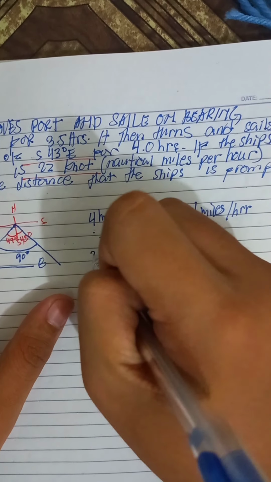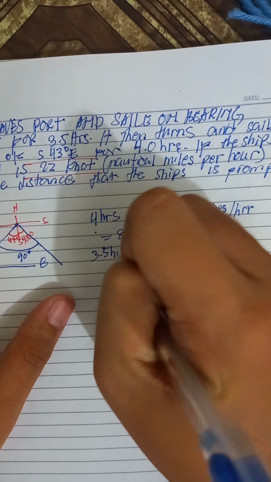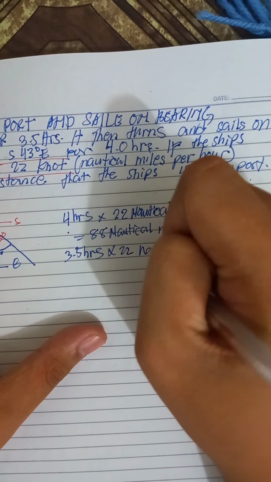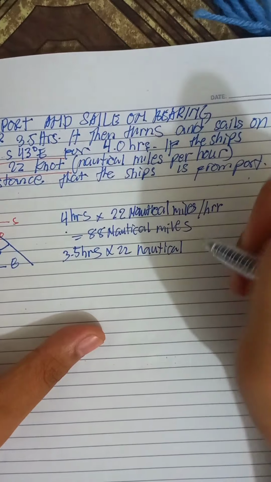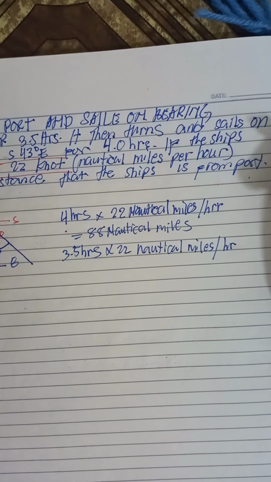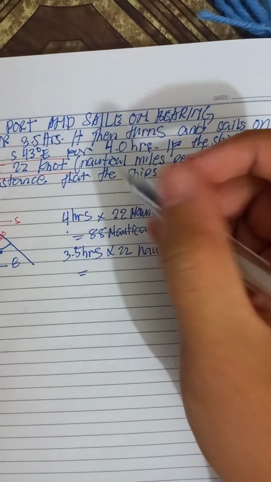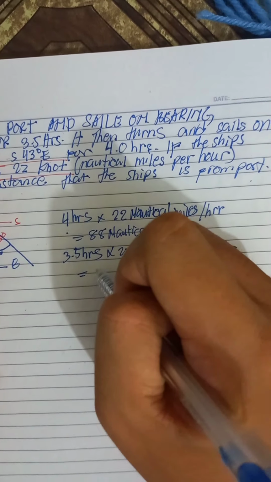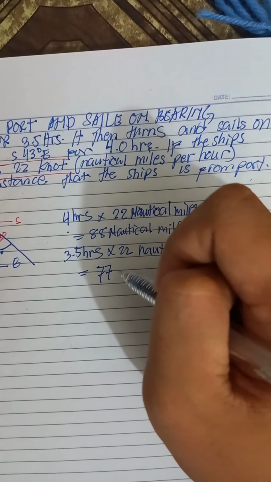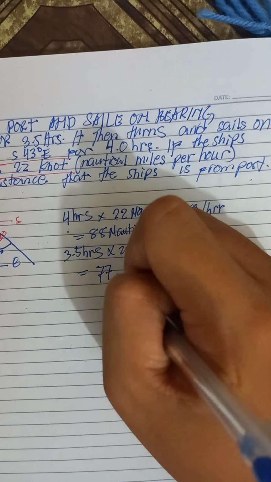So we have 3.5 hours times 22 nautical miles per hour equals 77 nautical miles.